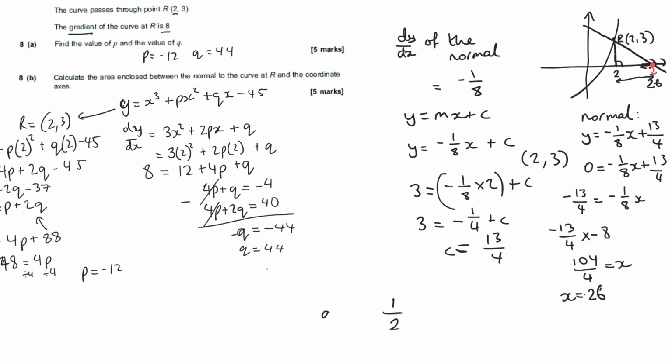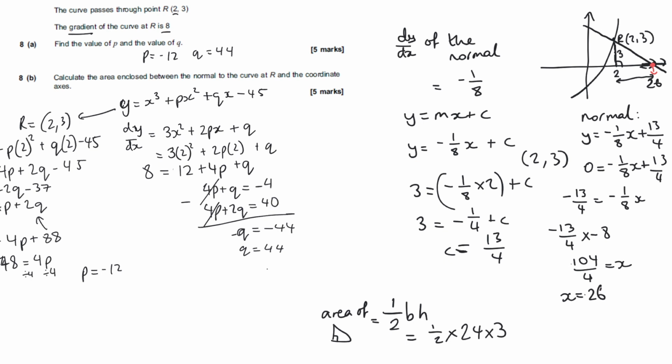So area of a right angle triangle is half base times perpendicular height. So it would be half times our base, which is the difference between 26 and 2, which is 24, times the height, which would be that point on the y-axis, which would be 3.